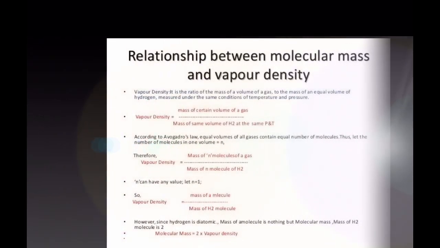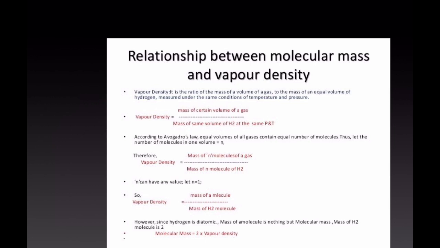Relationship between vapor density and relative molecular mass. What is vapor density? It is the ratio of the mass of a volume of a gas to the mass of an equal volume of hydrogen measured under the same condition of temperature and pressure.